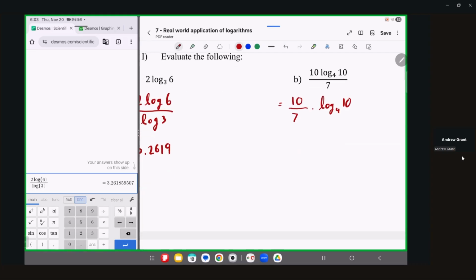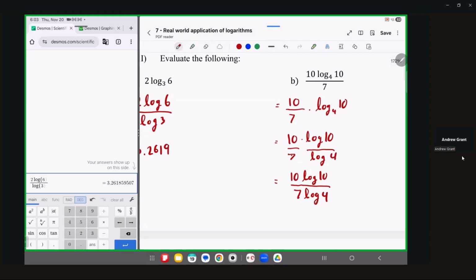And then using the change of base formula, you can make this 10 times log of 10 divided by log of 4. And this will then simplify down to 10 log of 10 divided by 7 log of 4.